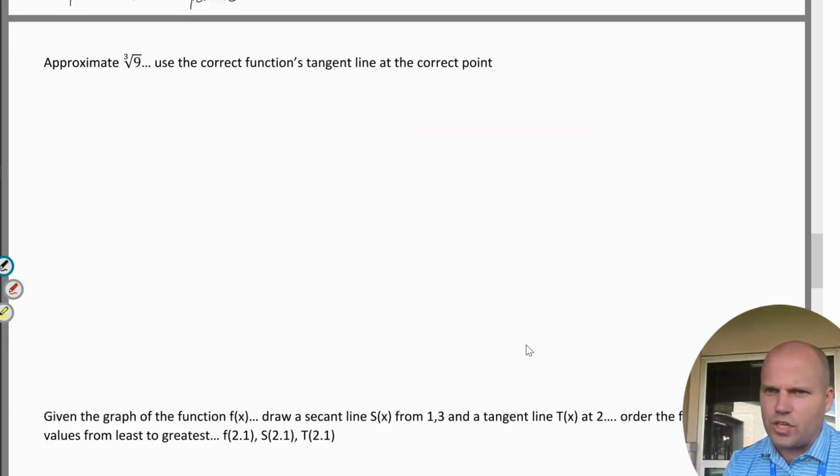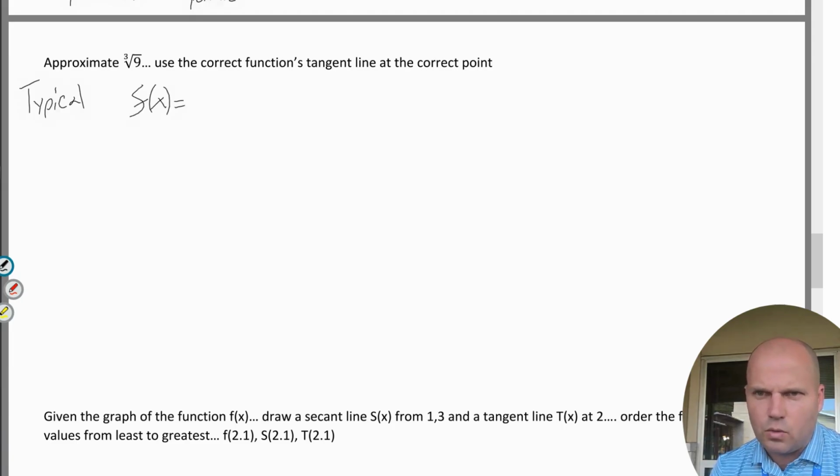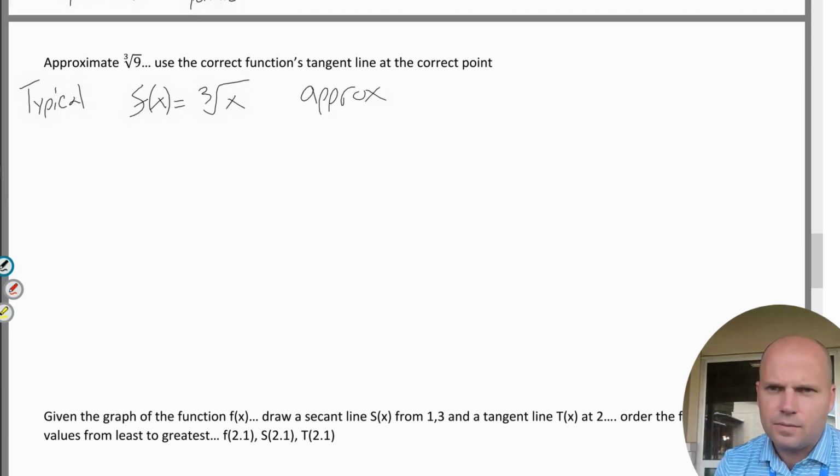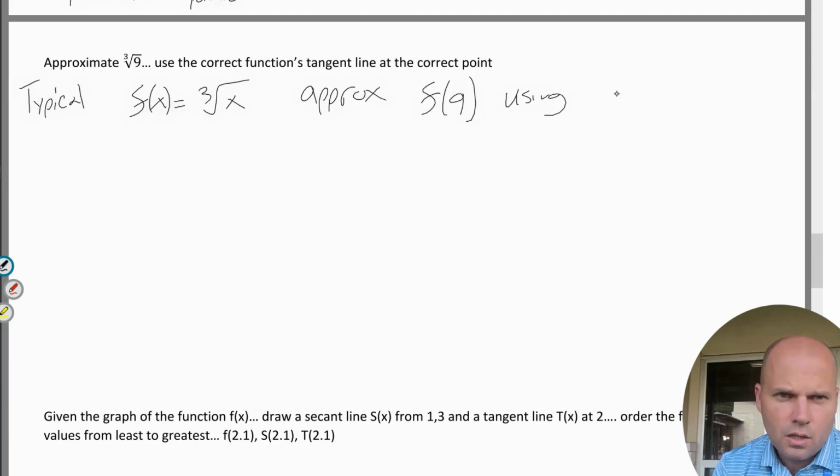All right, this one's trickier because I don't usually give you the information that you would be given. Here's a typical test question. Given f of x equals the cubed root of x, approximate f of 9 using f of 8 that equals 2.